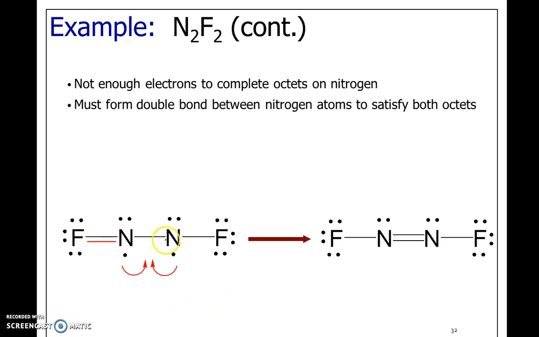So you really want to pay attention to, are the atoms happy? In this case, you have 2, 4, 6, 8 electrons around fluorine, 2, 4, 6, 8 electrons around your central atoms. Fluorine is only bonded once, and nitrogen is bonded 3 times. So everything is happy.